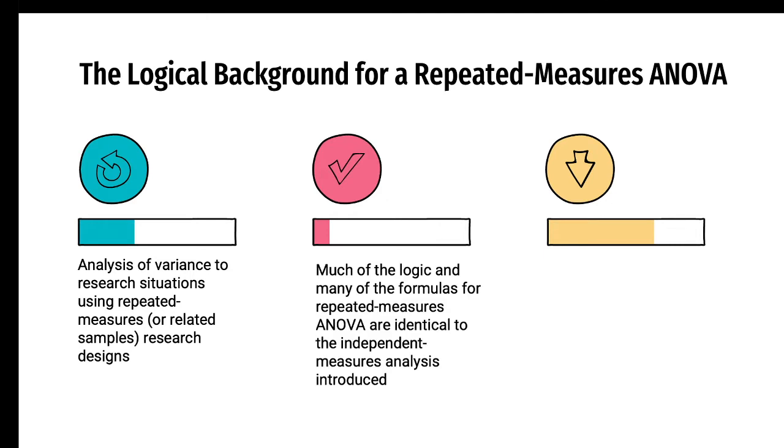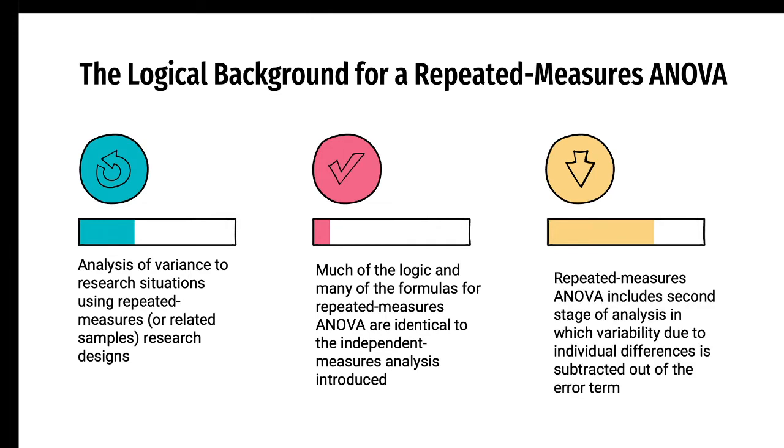Much of the logic and many of the formulas for repeated measures ANOVA are the same as in the independent measures analysis that was introduced. Repeated measures ANOVA includes a second stage of analysis, which we're going to study later on, in which variability due to individual differences is subtracted out of the error term.